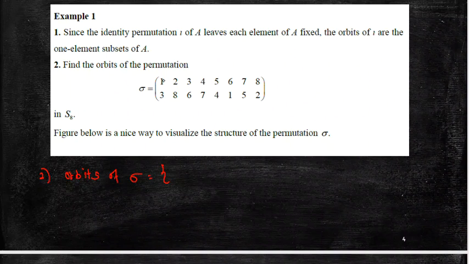Open the bracket: 1 to 3, then we go to 3. 3 is mapped to 6, and next 6 is mapped to 1. So we have 1 to 3, 3 to 6, 6 to 1.